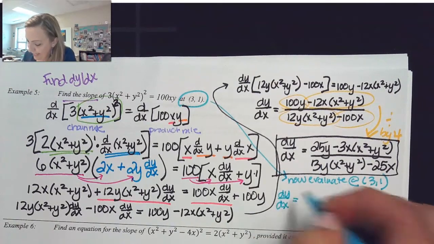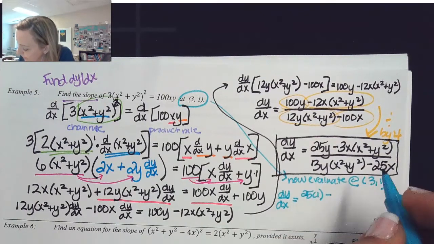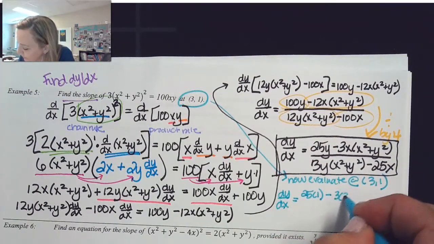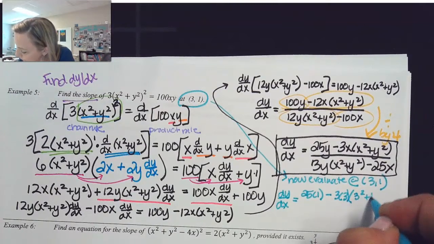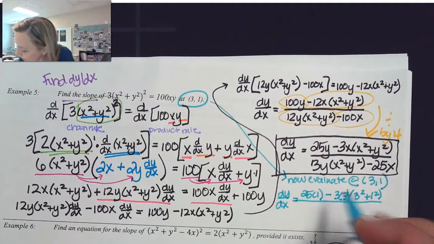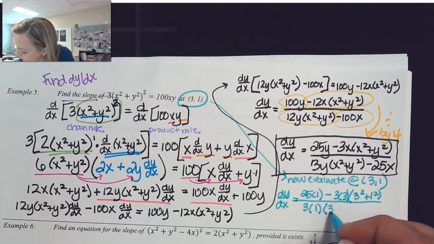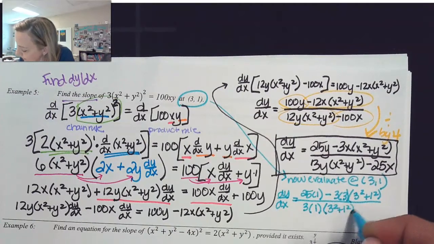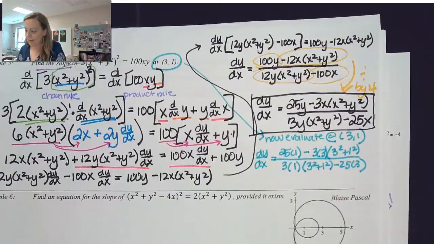So dy/dx is going to be 25 times 1 minus 3 times 3, times 3 squared plus 1 squared, all over 3 times y, which is 1, times 3 squared plus 1 squared, minus 25 times 3. And then we just evaluate that.